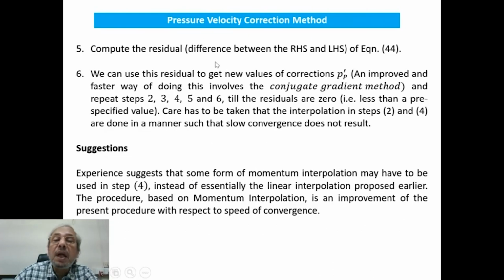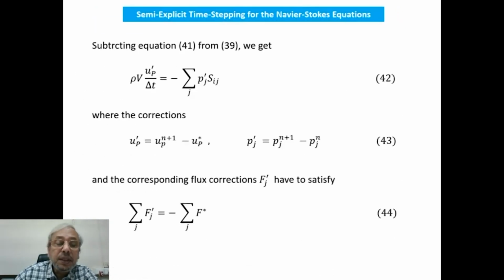Compute the residual, that is basically the difference between the two sides in equation 44. When there will be no velocity correction, obviously the star quantities have reached the n plus 1 quantity.